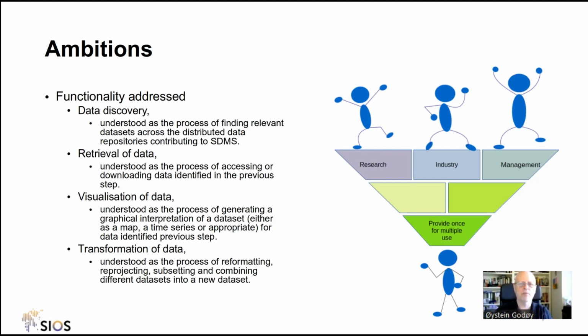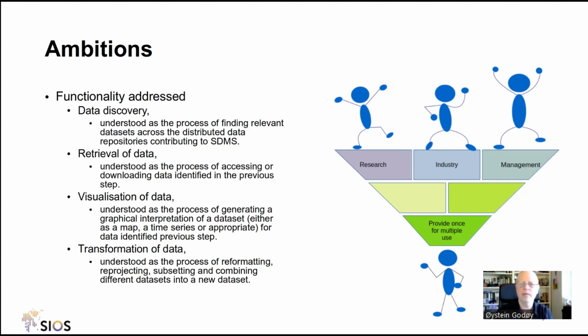We do offer data discovery across all the sources of information. So when you search for the information, we offer the ability to retrieve the data. In the simplest form, that is basically a link to a landing page offered by the data repository that is offering the data.